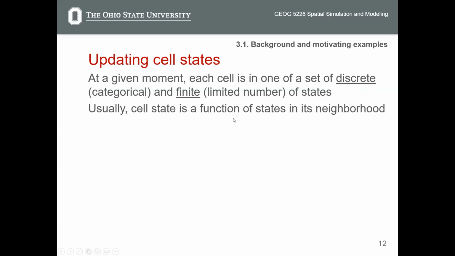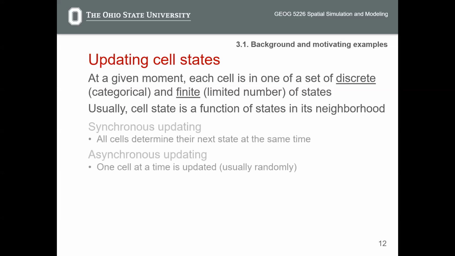Function means that they are connected. Cell state is connected to what? To states in its neighborhood. Now you know the importance of the definition of neighborhood, because depending on the different definitions of neighborhood, your results, your cell state could be different. You need to be clear with the definition of your neighborhood.